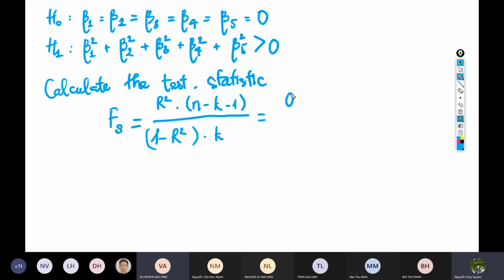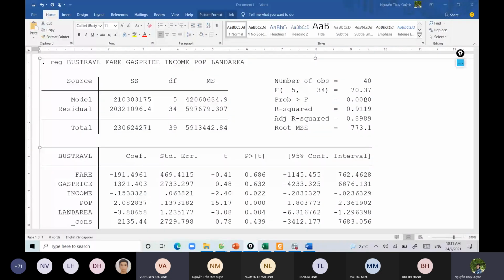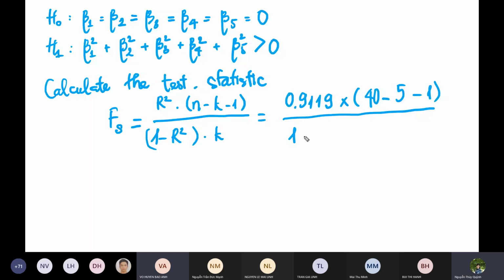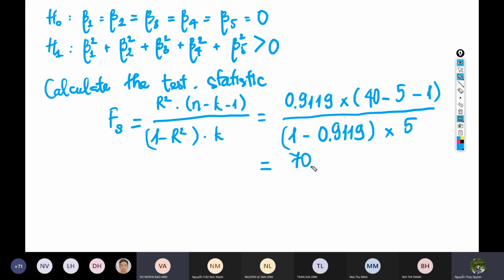We have 0.9119 times n, which here is 40, minus k, which is 5, minus 1, divided by 1 minus 0.9119 times 5. And what is the value? It is 70.38.